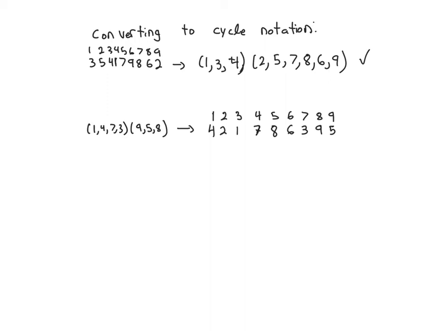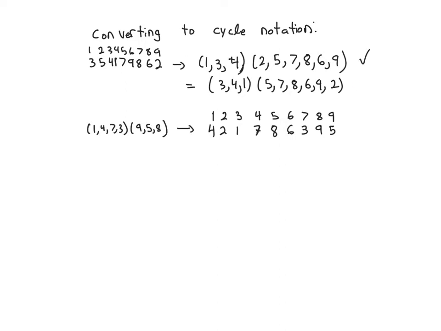I should mention the advantages of each approach. I've already mentioned before, the one advantage with one-line notation is that there's a unique way to write down your permutation, whereas with cycle notation you can write more than one version.